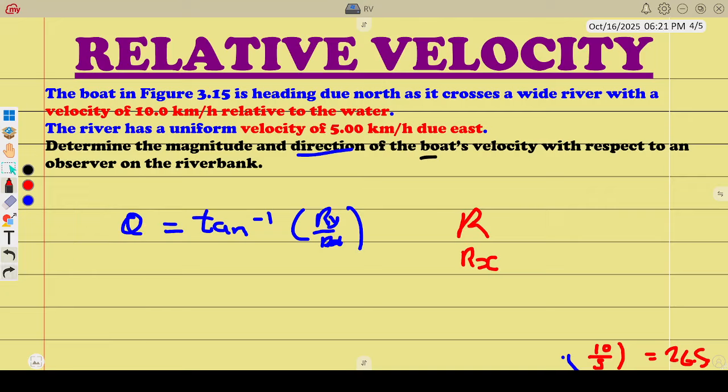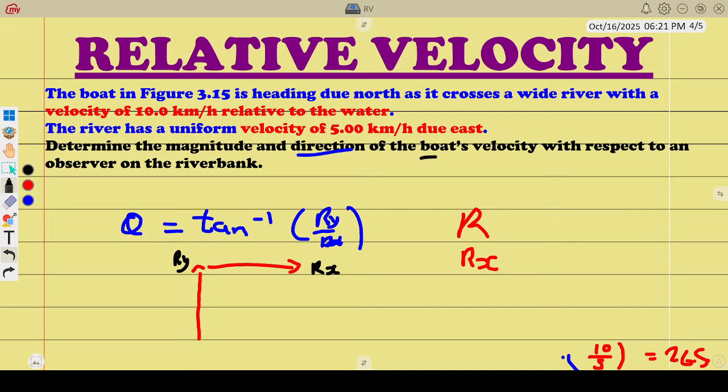We had something looking like this, and then it was also going due east. So this is our Ry, which simply means in the y-axis, and here this is our Rx.